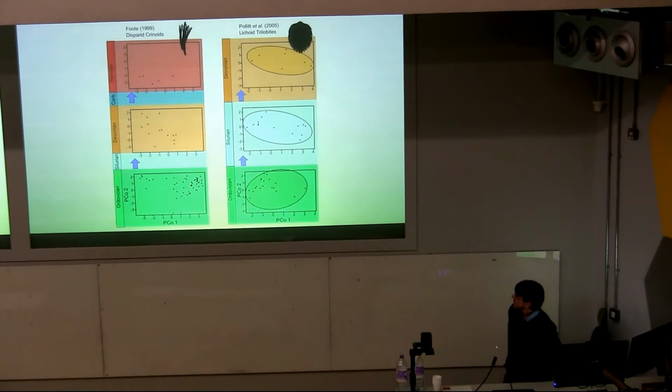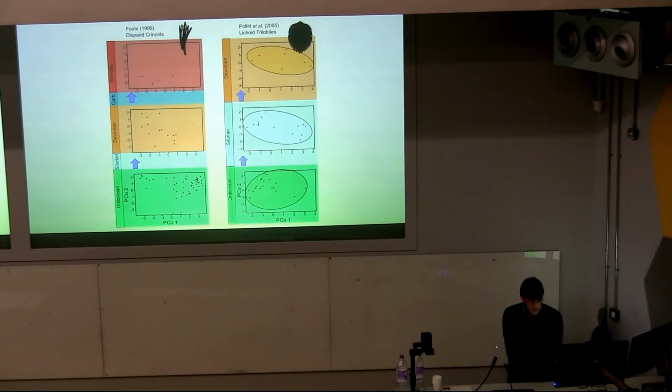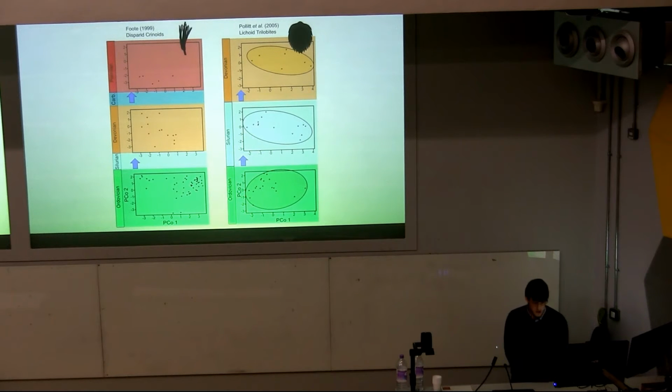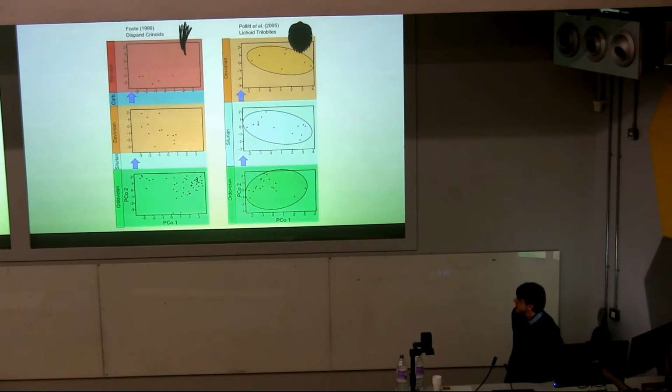In the first case, shown on the left, the overall range of disparity is relatively constant, but the clade is moving through the morphospace over time. If you look at the bottom in the Ordovician, that clade really is occupying a different region of the morphospace than it's occupying even in the Devonian, right? Through this process, you can continue to evolve quite a lot of new states while keeping overall disparity relatively constant.